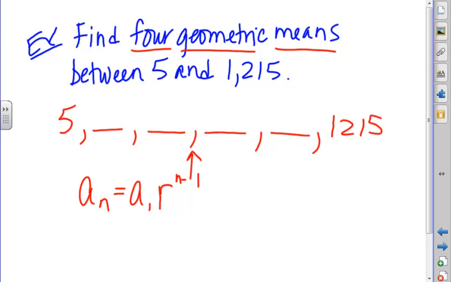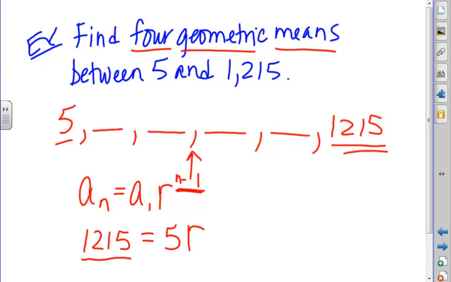I have this number 1215, so I'm going to write that down here. I know what's in the first position, which happens to be 5, and I don't know my common ratio, but I do know what position the 1215 is in. That is in position 1, 2, 3, 4, 5, 6. Therefore, it takes me 5 steps to get to that position.